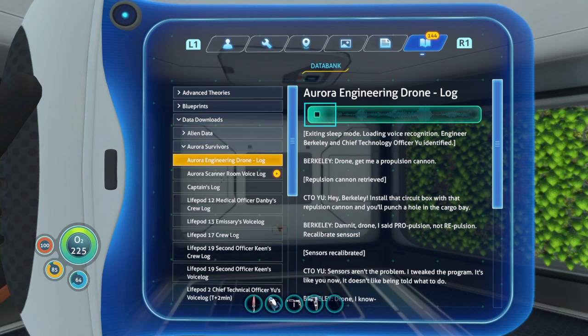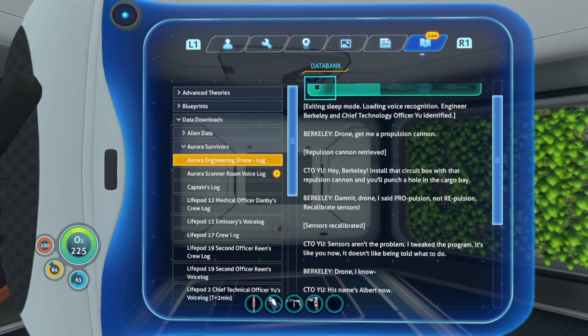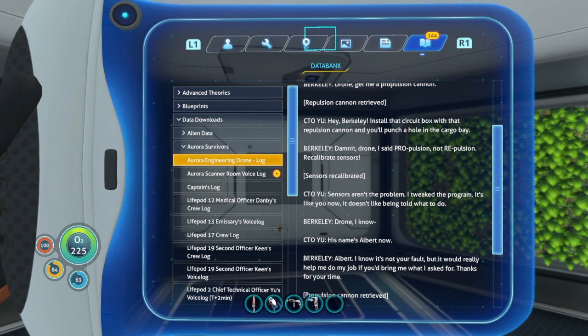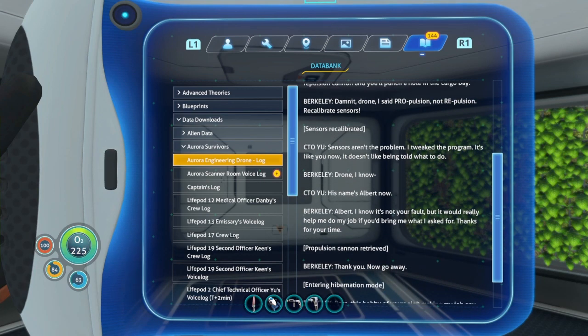Loading voice recognition. Engineer Barclay and Chief Technology Officer identified. Drone, get me a propulsion cannon. Repulsion cannon retrieved. Hey, Berkeley. Install that circuit box with that repulsion cannon and you'll punch a hole in the cargo bay. Damn it, Drone, I said propulsion, not repulsion. Recalibrate sensors. Sensors recalibrated. Sensors aren't the problem. I tweaked the program. It's like you now. It doesn't like being told what to do.